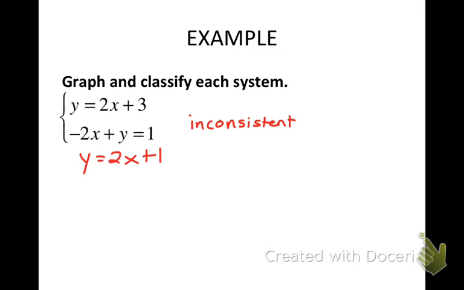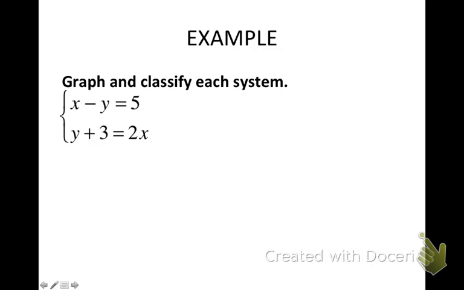Okay, what about this one? x minus y equals 5. y plus 3 equals 2x. Different slopes. How do you know they have different slopes? Because it's 2x there and it's negative x. Yeah, so if I rewrite this one in slope-intercept form, I get y equals x minus 5.